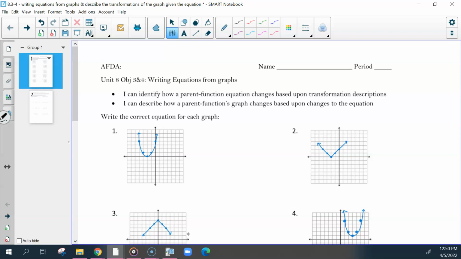We're going to start these. There is a way to do this on your calculator, and later I'll show you that. So if you want to grab your calculator, you can do that. But I'm also going to show you how to do it without the calculator. The calculator will just be if you want to check yourself later.